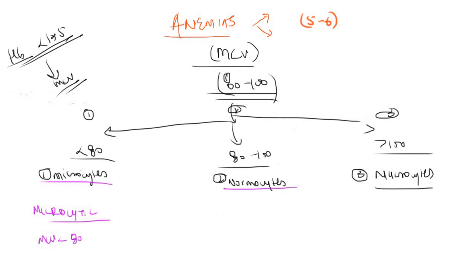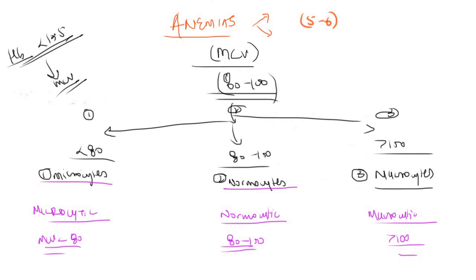Anemia can be normocytic anemia if the MCV is between 80 to 100, and anemia can be macrocytic anemia if the MCV is more than 100. So this is where you start in the real exam. You have a patient who has anemia, you calculate the MCV, it comes less than 80, you say that this is a case of microcytic anemia. MCV is between 80 to 100, you say this is a normocytic anemia. MCV is more than 100, you say this is a macrocytic anemia.